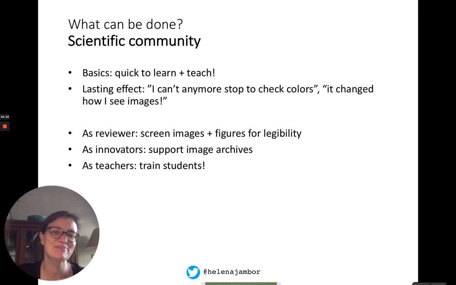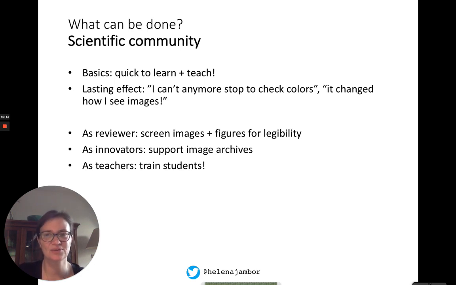So once people know red, green is problematic for colorblind, they cannot stop seeing it. And they also commented that doing this project really changed how they can see images forever after. So once something is seen, it cannot be unseen.